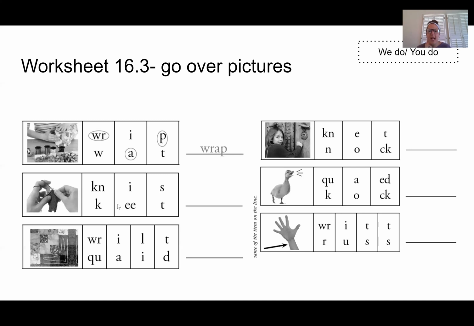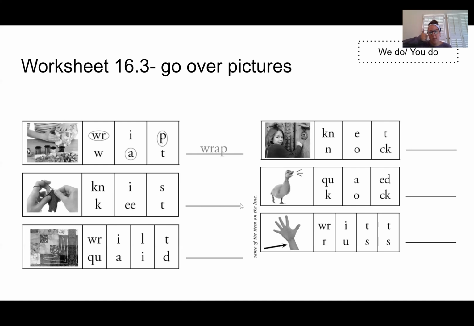What letter makes the sound? It is I. Very good. So you would circle it. T. What letter makes the T sound? It is T. Very good. So circle it. Then you would take it and write it on the line.